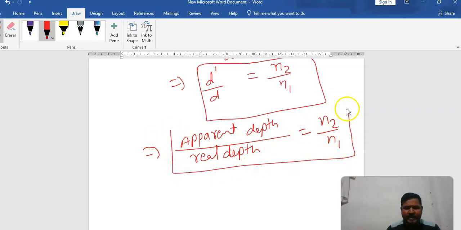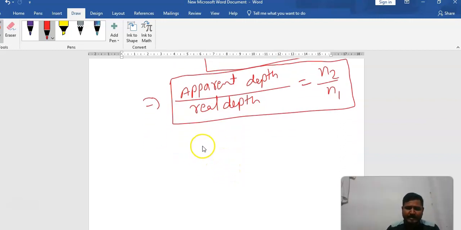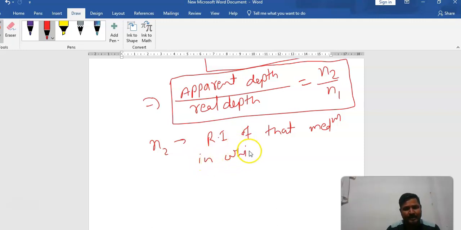One important thing that we have to keep in mind: what is n2? Don't remember it like n2 is the refractive index of medium 2 and n1 of medium 1. No. n2 is the refractive index of that medium into which the rays are going, not coming.